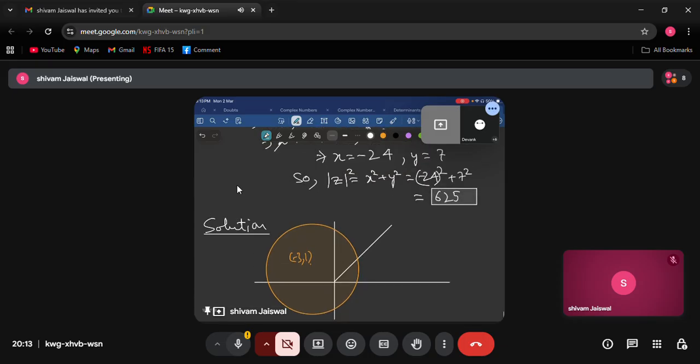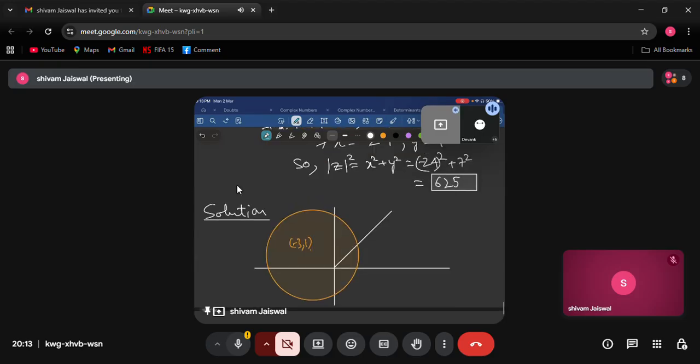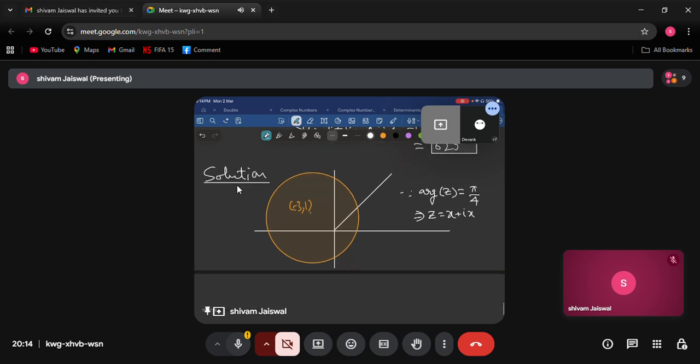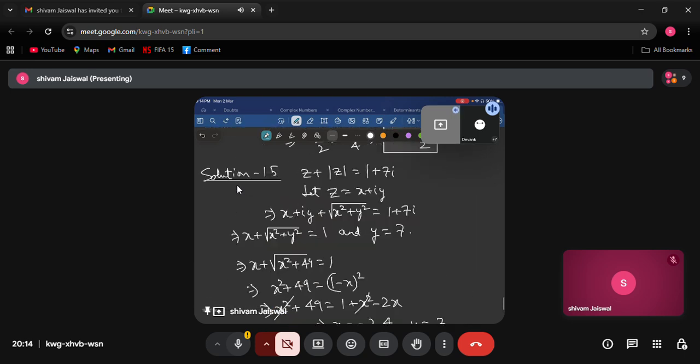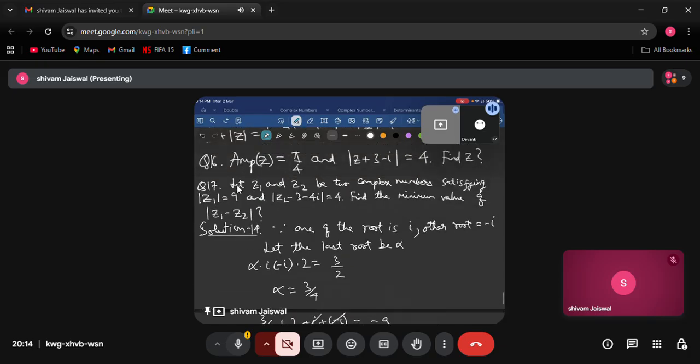Okay. So since argument of z is equal to pi by 4, can I say z is equal to x plus iota into x? Tell me everyone. Okay, z is equal to x plus iota into x, and it is written that argument of z. Okay, so I think we can substitute over here.